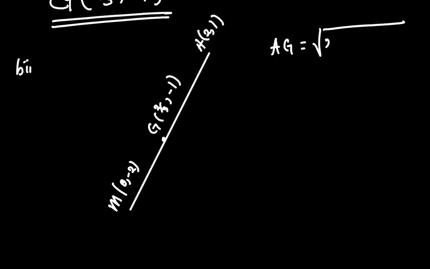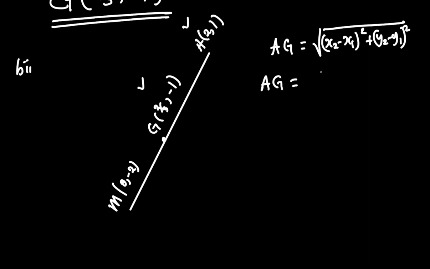It's going to be the square root of x2 minus x1 all squared plus y2 minus y1 all squared. If you recall, this is actually the formula for finding the length of a line. So that is exactly what we are going to be using. Now remember, this is our A and this is our G. So I'm going to be using the coordinates as my x1, y1, x2, y2 accordingly.